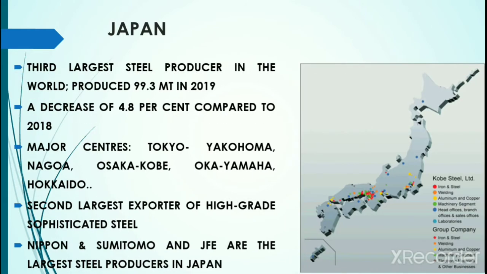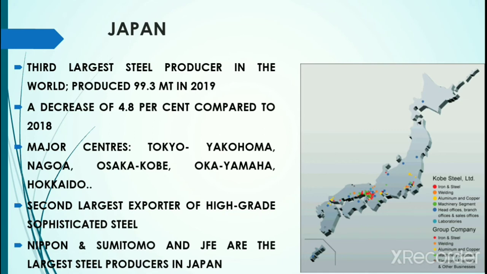Japan is the third largest steel producer in the world. The country produced 99.3 million tons of steel in 2019. This was, however, a decrease of 4.8% from what the country produced in the year 2018.